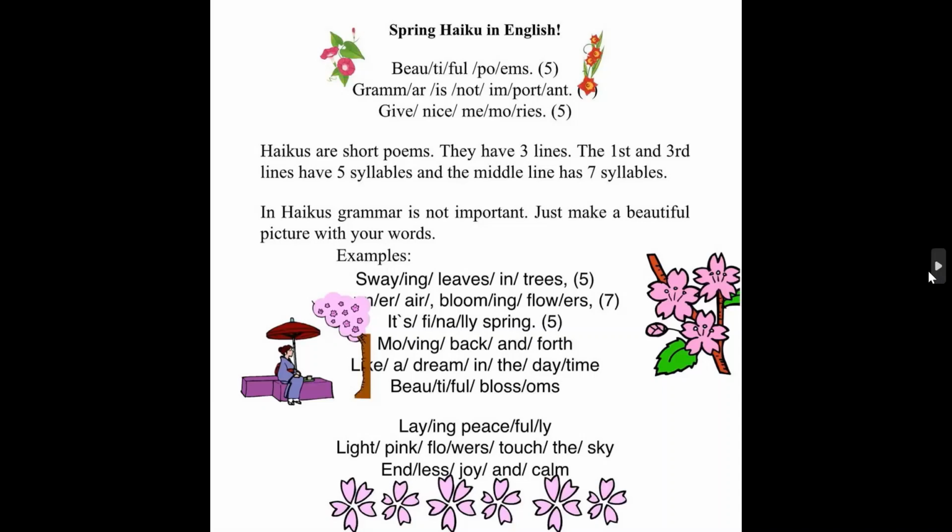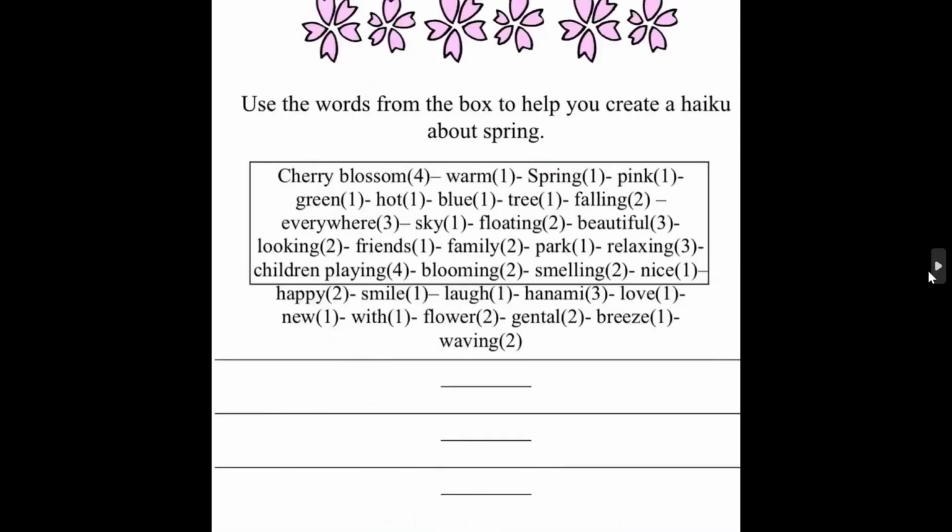So let's move on, because now it's your turn to try to write a beautiful haiku in English. You have a set of words here. So if you follow the rules, you can actually write your own haiku.